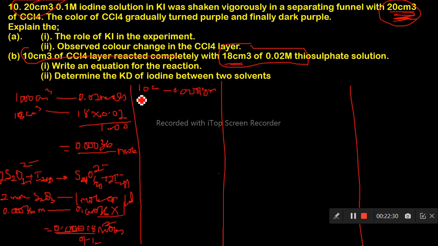So 20 centimeters cubed of the aqueous layer contain how many? It is 20 times 0.00018 divided by 10. So it will still go back to 0.36. So that 20 contain 0.00036 moles.